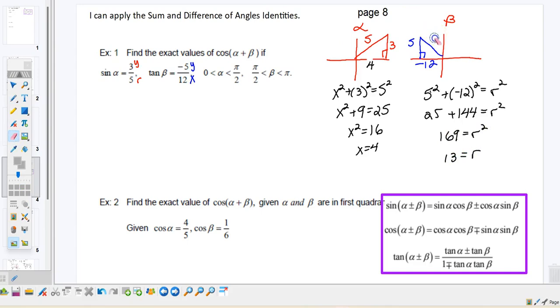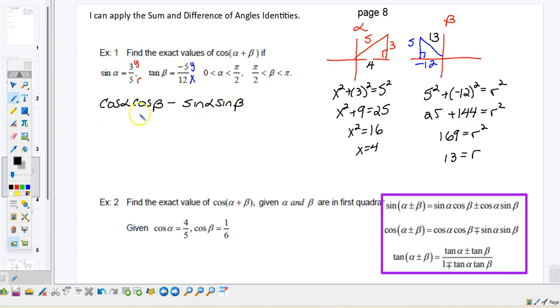We're not going to leave that as the square root of 169. And now, if I expand out cosine of alpha plus beta, just looking here at my identity, that's cosine alpha, cosine beta, plus, goes with a minus on the right, sine alpha, sine beta.